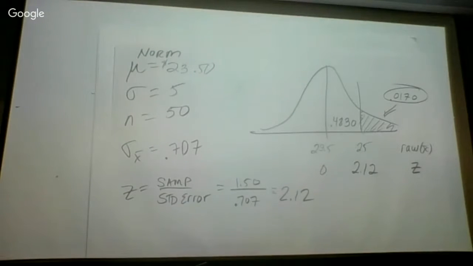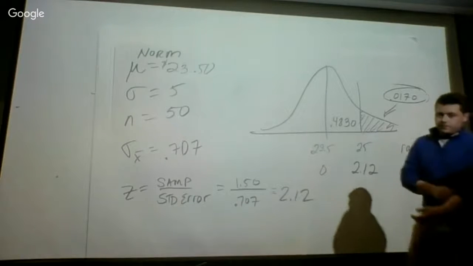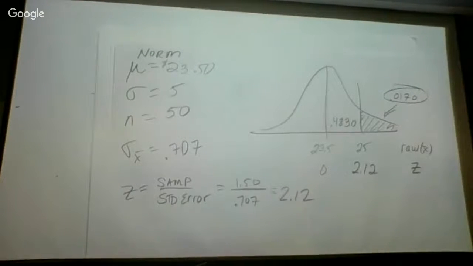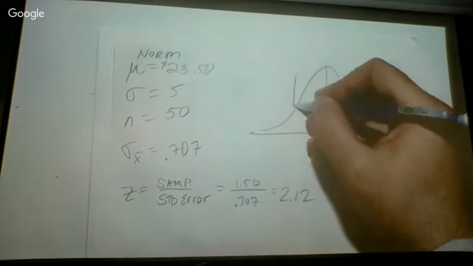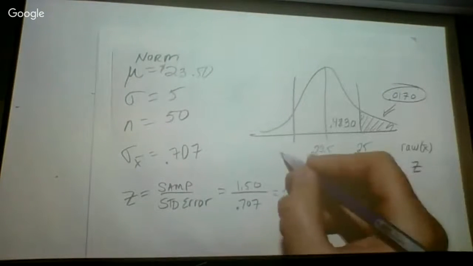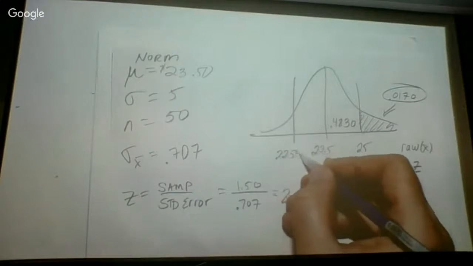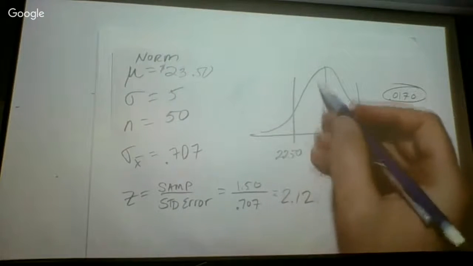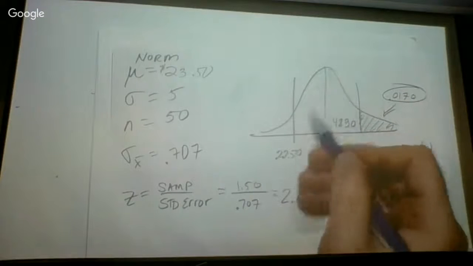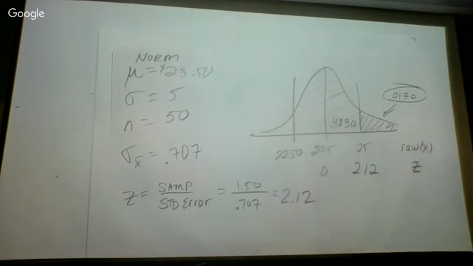48 now asks the question, what is the likelihood the sample mean is greater than $22.50 but less than 25? Question 48 is asking for that in its entirety.